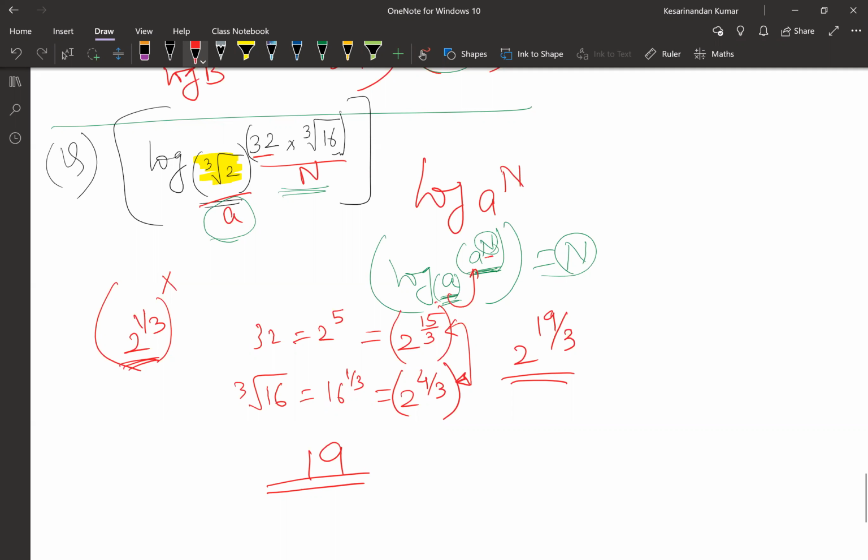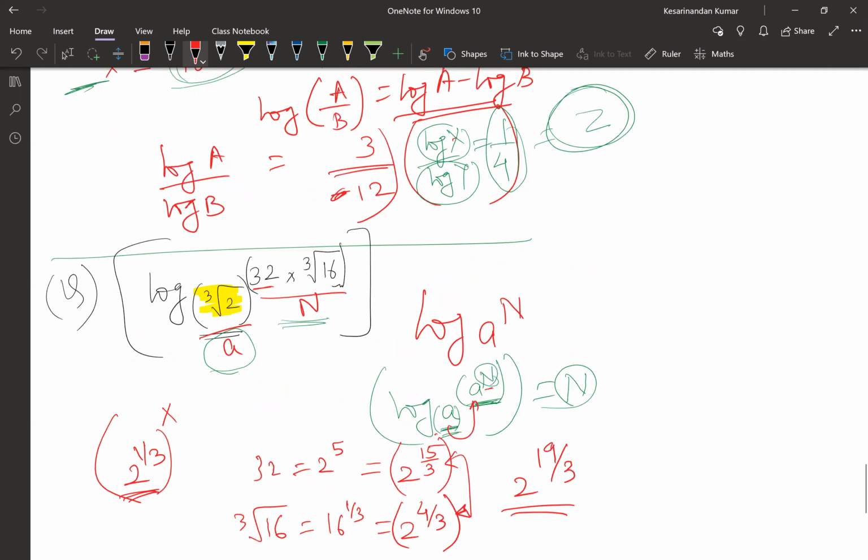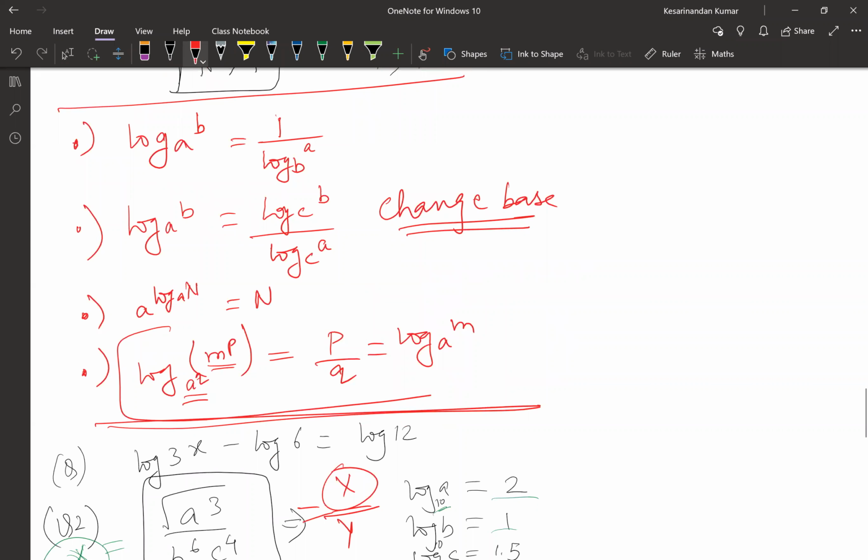I got it as 2 power 5, then 5 into 3, then 4 into 3. Yes, you can completely. You basically use this tactic. Yes, correct. You can do that part also.